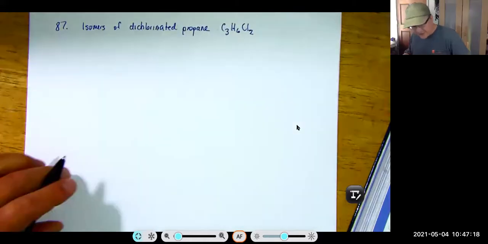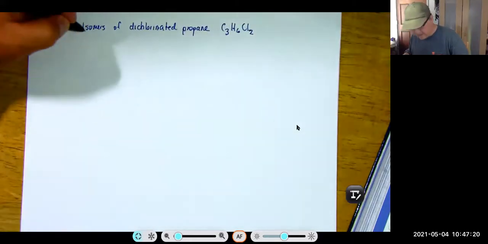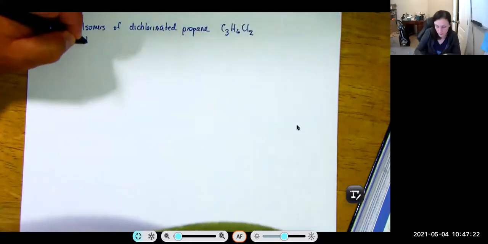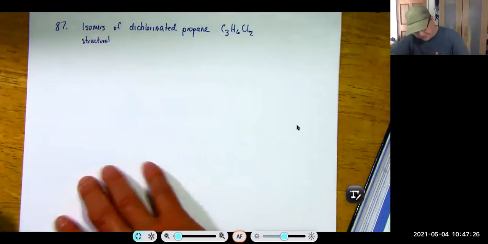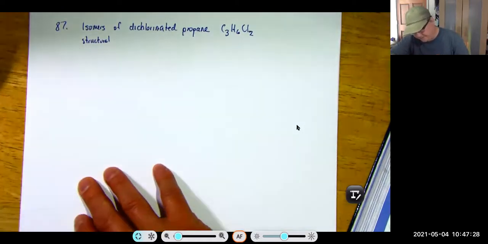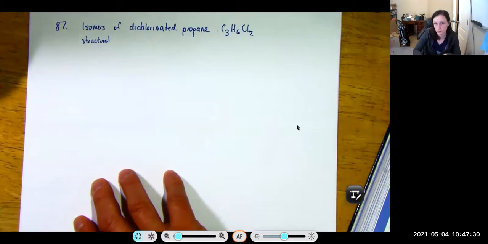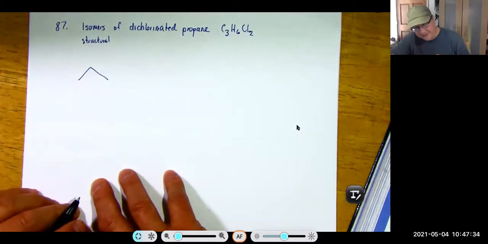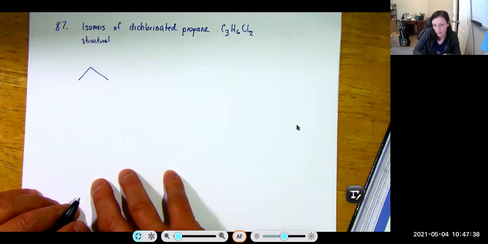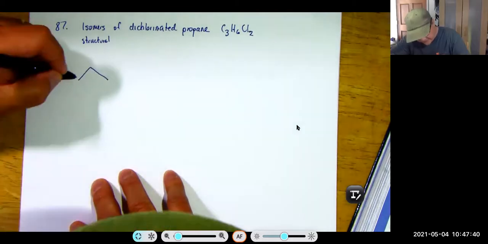So here, it does say structural. Yeah. So we'll go ahead and start with line drawings and then turn them into structurals. So what am I going to start with? Propane. Okay, where am I going to put the chlorines? One at each end. Okay, that's fine.